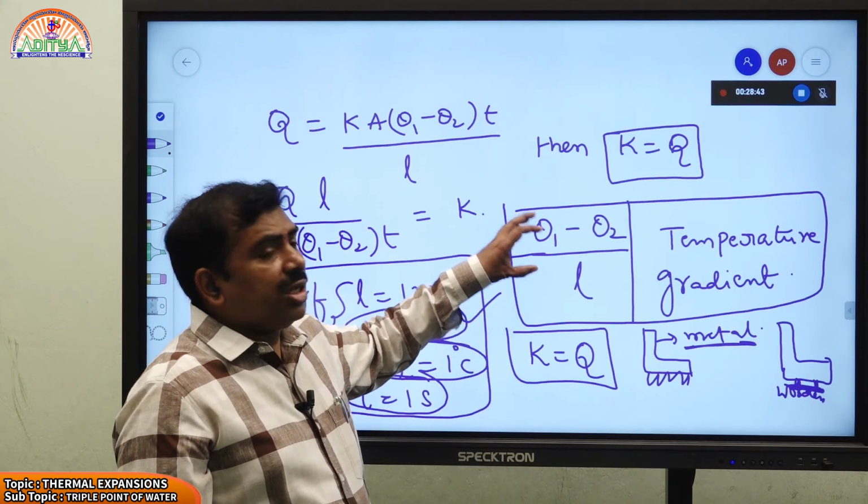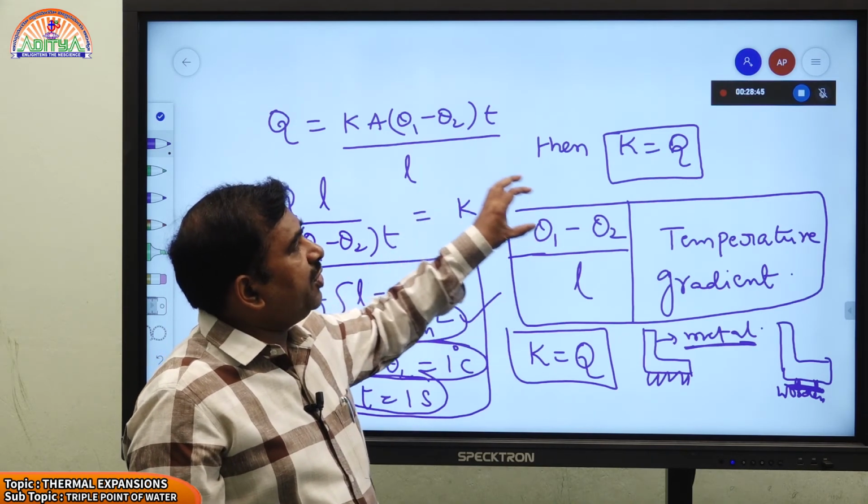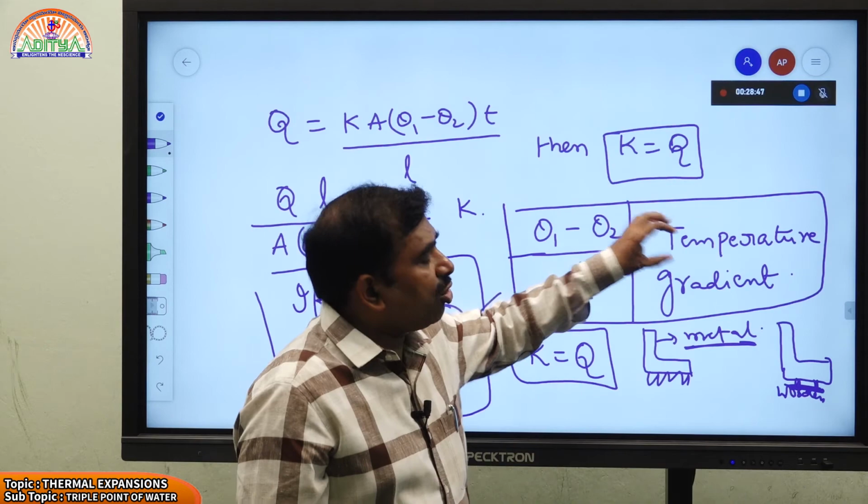And you have some problems on this coefficient of thermal conductivity concept.